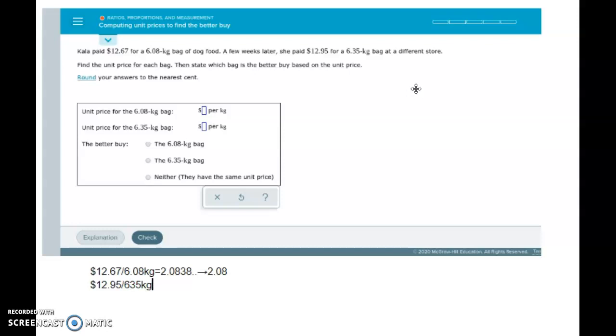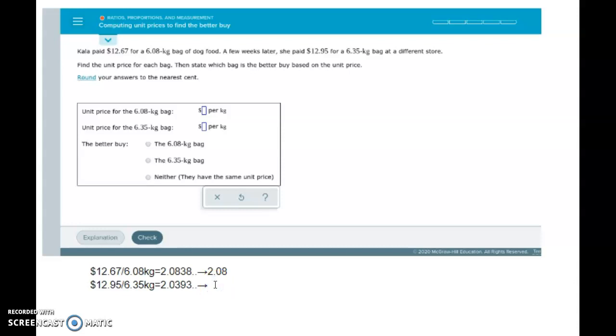And that's going to give us, oh, we forgot our decimal point. That is very important. Don't make the mistake I did. Okay, so this is going to equal 2.0393 and so on, and then we're going to round that to the nearest cent again.